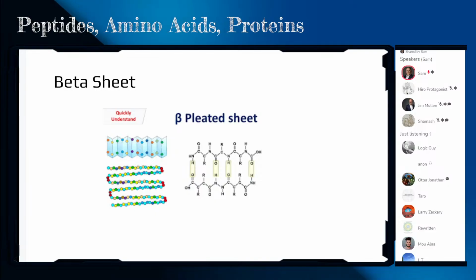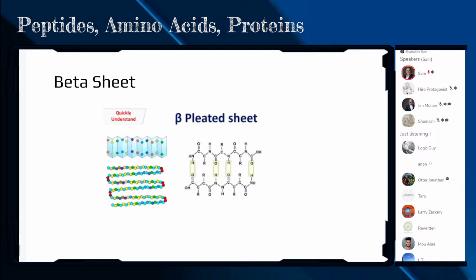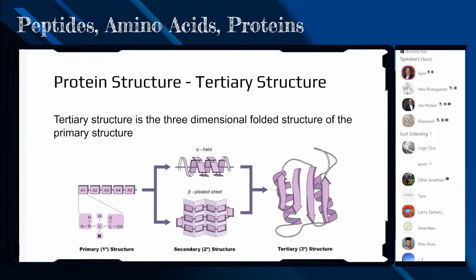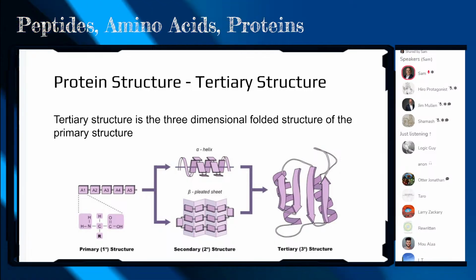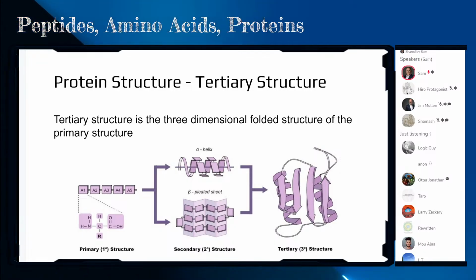And the hydrogen bonds are also shown in the right side picture. So those two are the secondary structures, the local conformation of the amino acids.